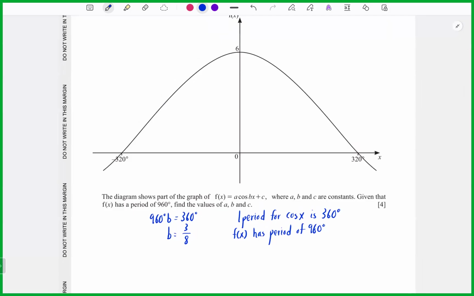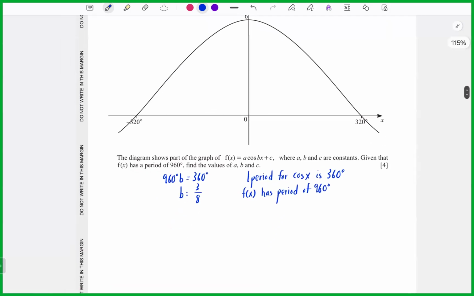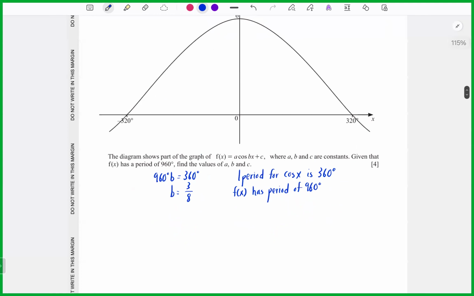Okay, now let's try to find the value of a first. So we can take 6 equals a cos 3 over 8 times 0 plus c. So 6 equals a plus c.